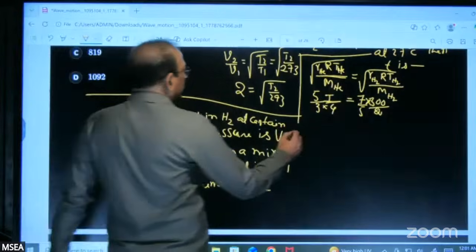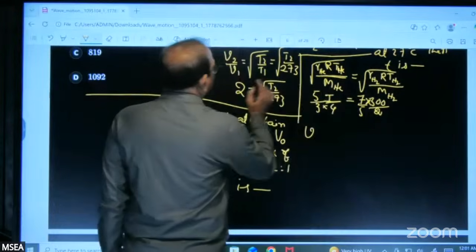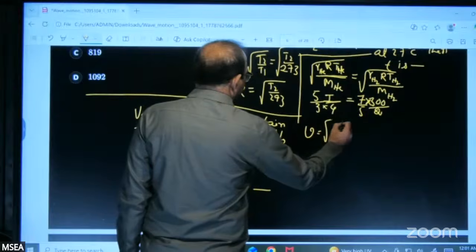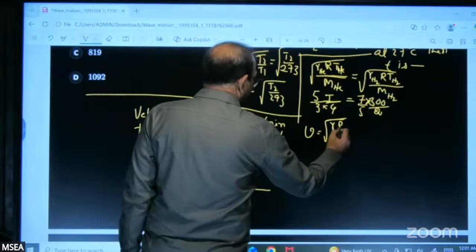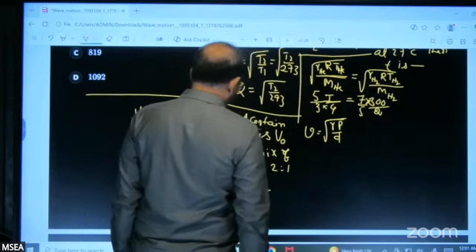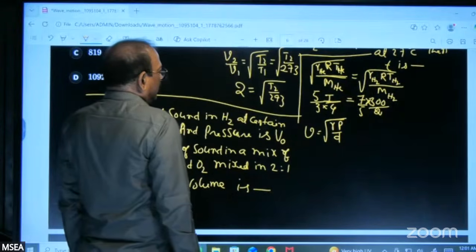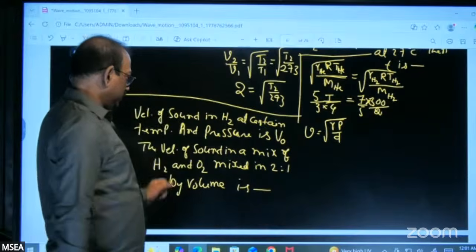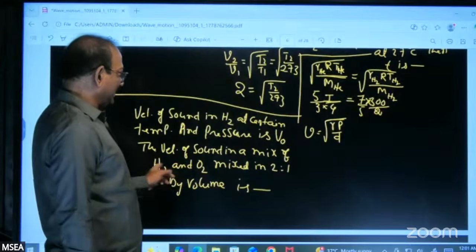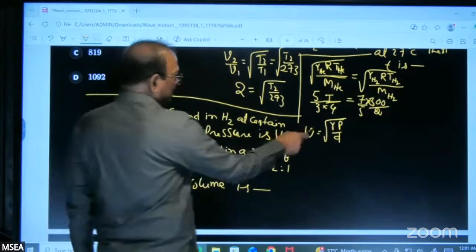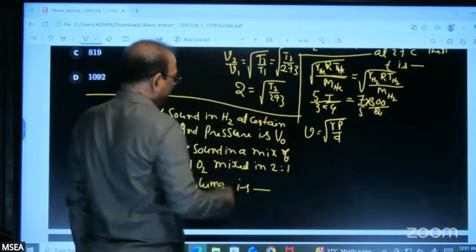So in this, V is under root gamma P by D. Here the first gas is hydrogen, next is the mixture of hydrogen and oxygen, both diatomic only. That means in both cases gamma is the same, and pressure is the same as he gave.